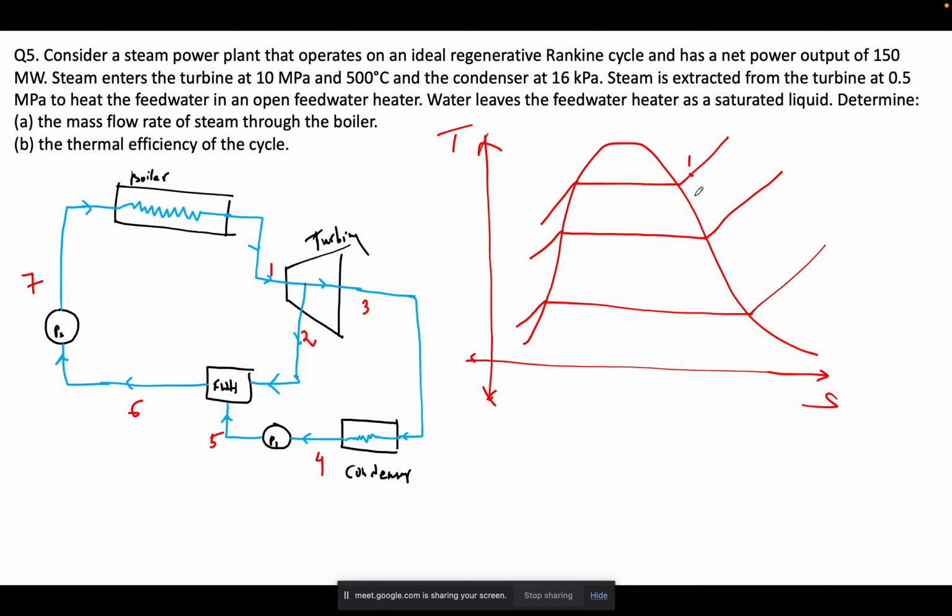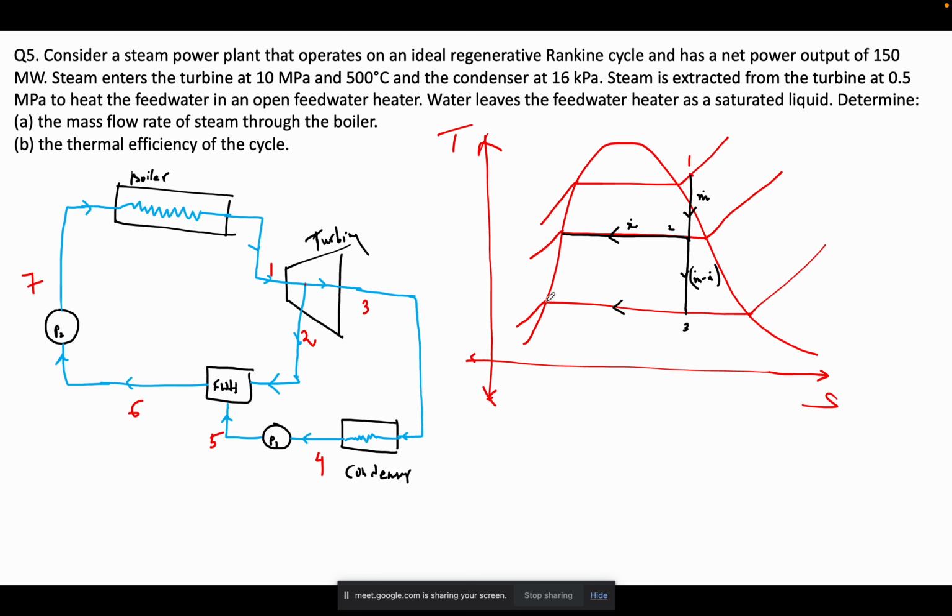Now from state 1 it goes to state 2. Suppose m amount of mass was coming here, so some amount of mass is getting extracted at this state. So this is my state 2. Say x amount of mass is getting extracted, then what is coming here is m minus x mass. So this is my point 3.